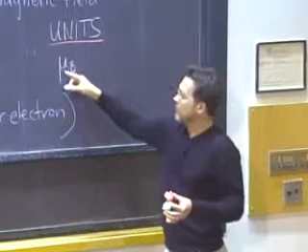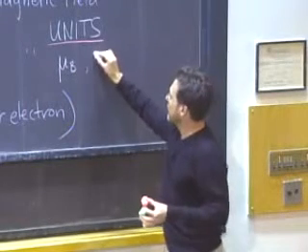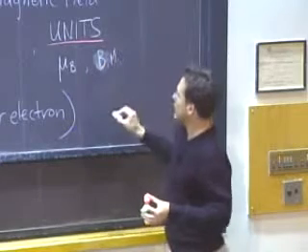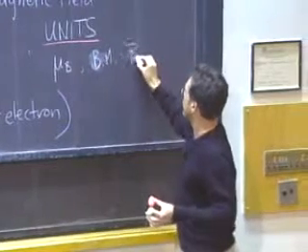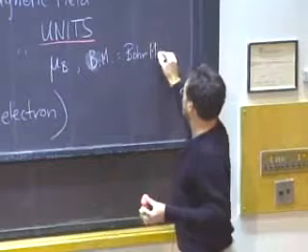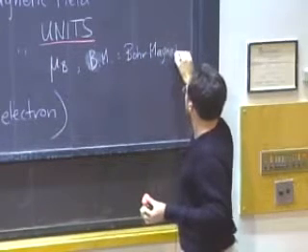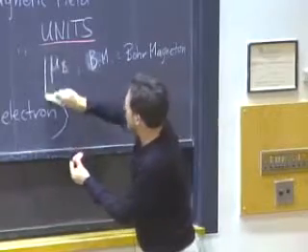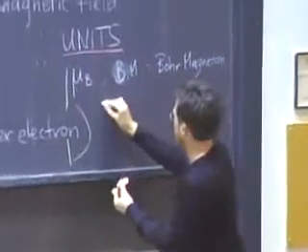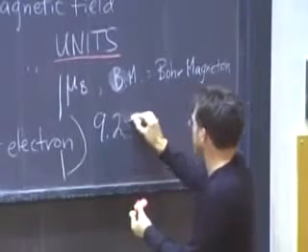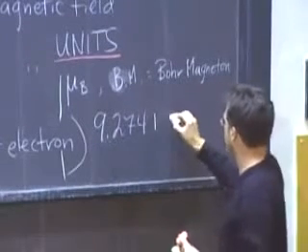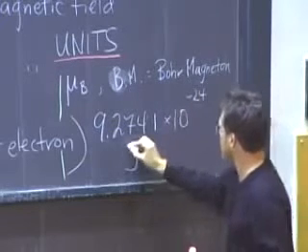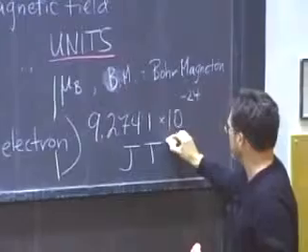It's sometimes written as mu sub B. It's also sometimes written as capital B, capital M. That's the Bohr magneton, and it is equal to 9.2741 times 10 to the minus 24th joules per Tesla.